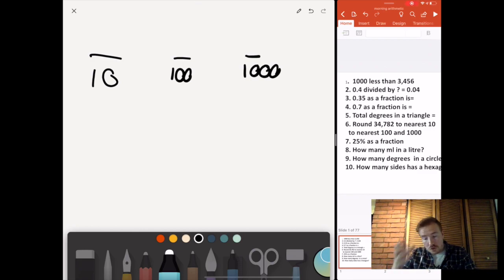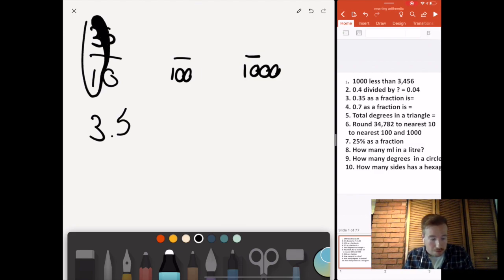You've got 0.35, so 3 tenths and 5 hundredths. If you put it over 10 and made it 35, you've got 35 out of 10, so you've got 3.5. It's too big. You've got 3 whole groups of 10 in there, so you've already got 3 wholes. That's too big, so it's definitely not that one.